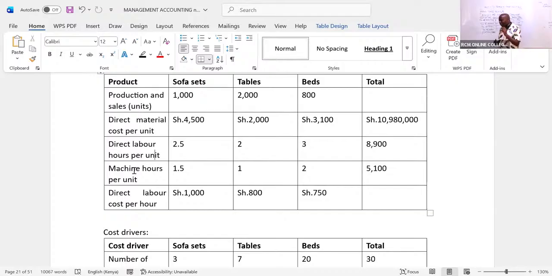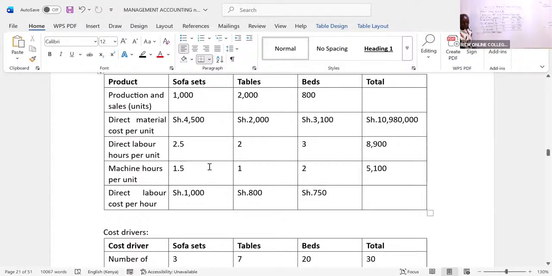So whenever you hear per unit, multiply the numbers given there with the volumes. The first one is 1.5 machine hours, but because that is for 1 unit, times what here, somebody? 1,000.